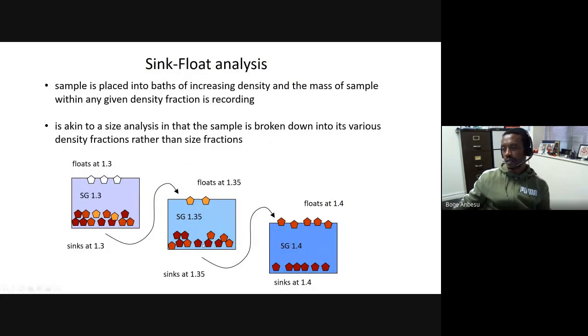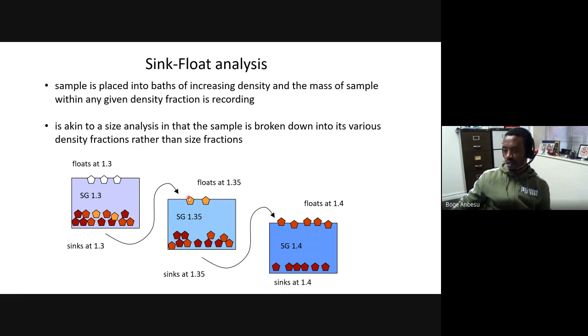Okay, so what I mean is just to make sure everyone understands how we're getting these values. So I have a feed coming, I put it in a media of 1.3 specific gravity, and light particles float. I take this, put them somewhere, dry them. That's my float at 1.3. I take the sink and put it in a media of 1.35 SG.